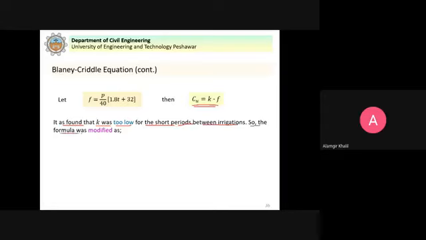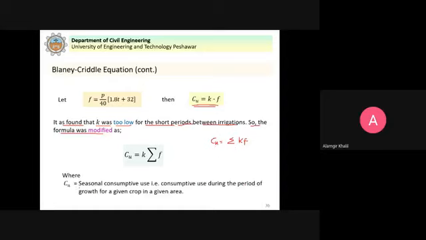So the formula was modified as Cu is equal to K times the summation of F. And if K is also variable, this formula can be written as Cu is equal to the summation of K times F.